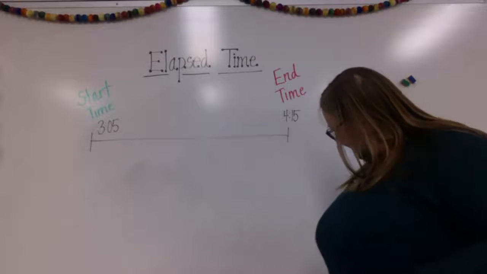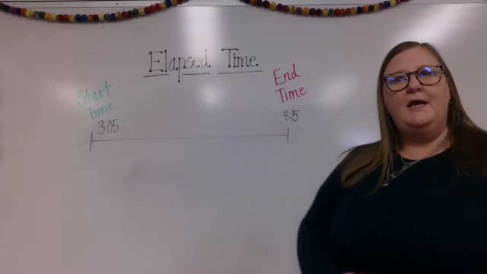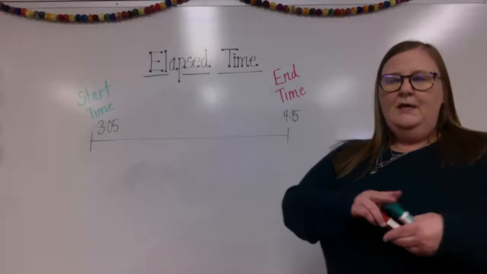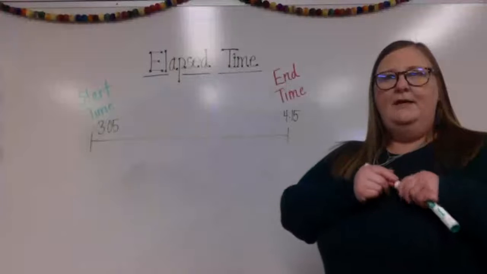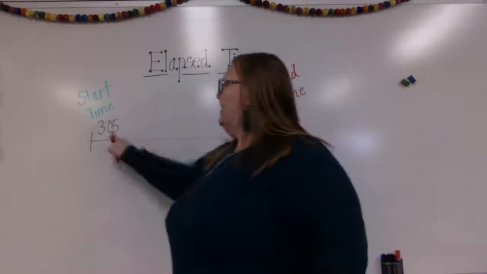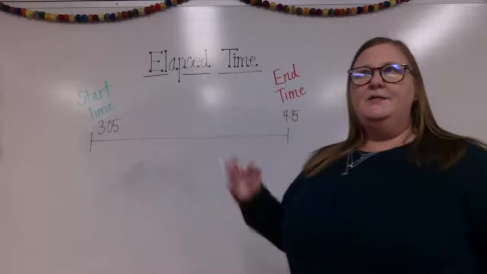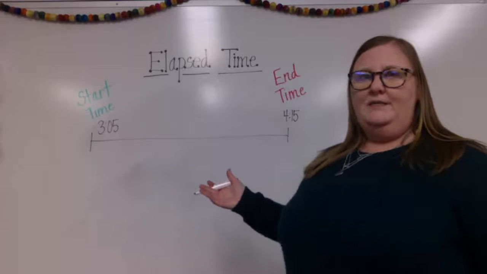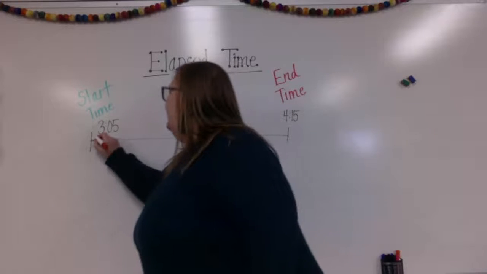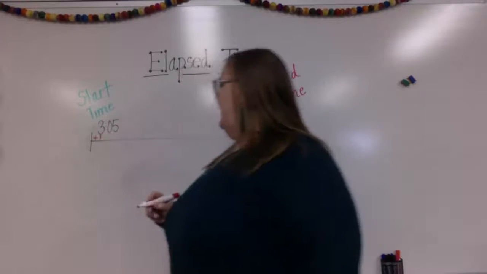So to do that, we're going to think about some things in nature today. We're going to think about mountains and hills. In order to make a mountain, an hour has to pass. So if I had 3:05 and I wanted to say that another hour had passed, we know that we would have to add 1 hour to that.